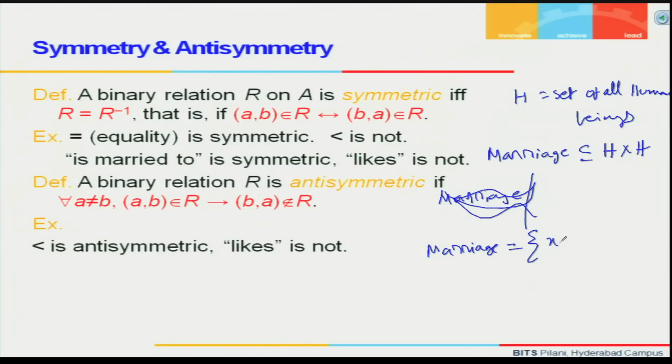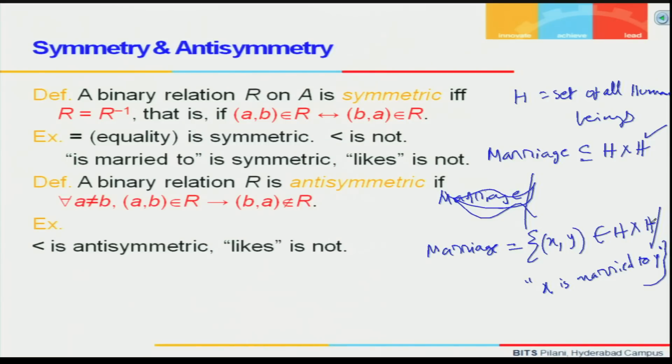It is the set of all x comma y in H cross H, where x and y happen to be human beings, such that x is married to y. This is the relation that I am talking about. Is this a relation or not? Yes, this is very much a relation because marriage is definitely a subset of H cross H, since I am considering the tuples from H cross H only.